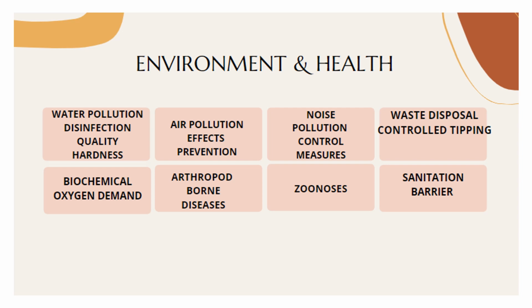Waste disposal, particularly controlled tipping, is important. Biochemical oxygen demand, arthropod-borne diseases. You should know a few of these diseases. So if asked, you can mention them. Zoonosis, what it is, and also learn some examples of them. Then what is a sanitation barrier and how it acts.